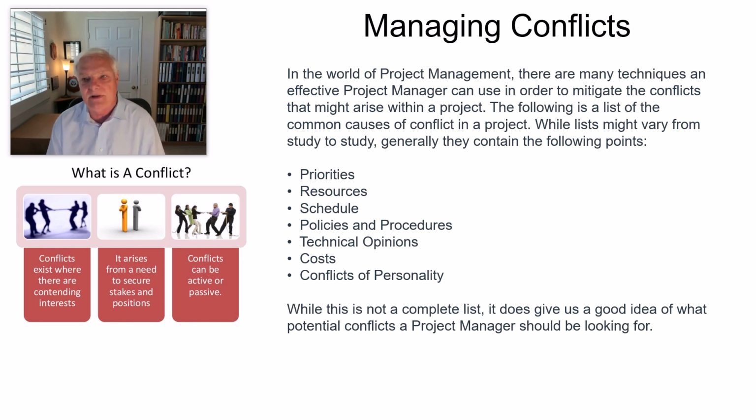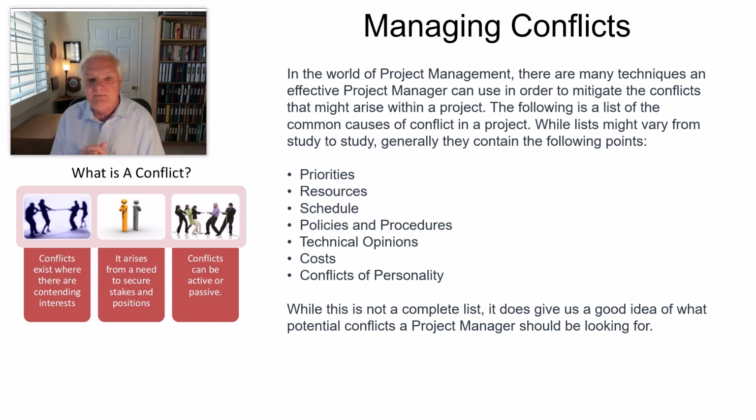So in the world of project management, there are many techniques an effective project manager can use in order to mitigate the conflicts within the project. This is a list that I've created that I think is valuable for you. Well, the lists vary from study to study or from person to person, but I think that if you create a list similar to this, it gives you an idea of what potential conflicts you should be looking for. Priorities, if we have alternating priorities.